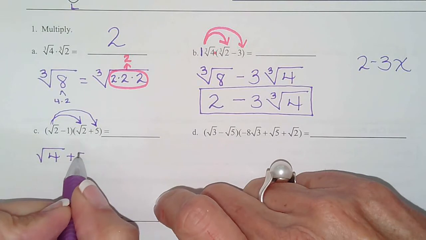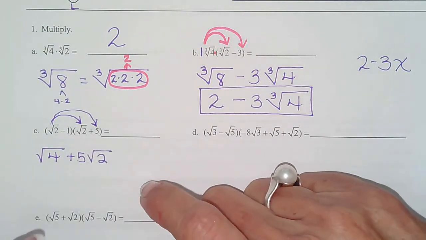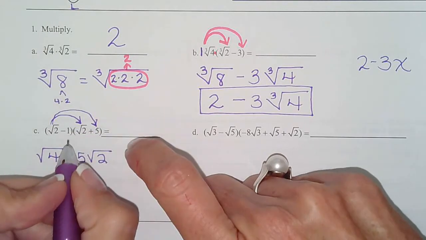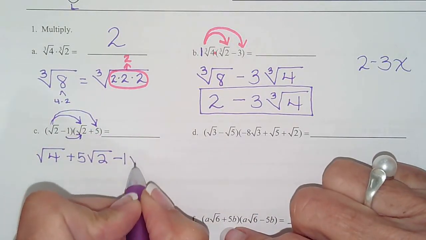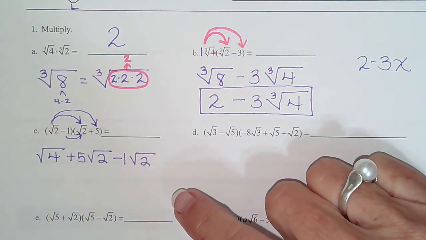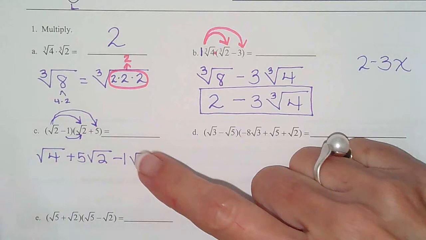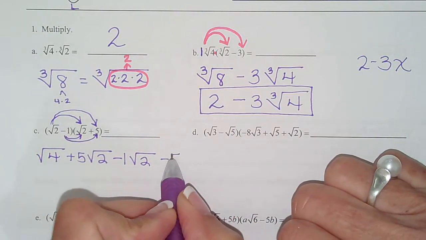Remember, we can't multiply the 5 and the 2 because one's outside the radical and one's under. And then from the inner, we get negative 1 square root 2. And I would put the 1 there because we're going to be combining like terms, and it's nice to have that number there. And from L, we get negative 5.